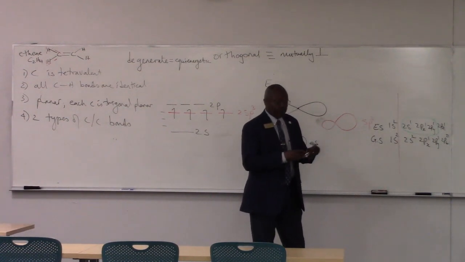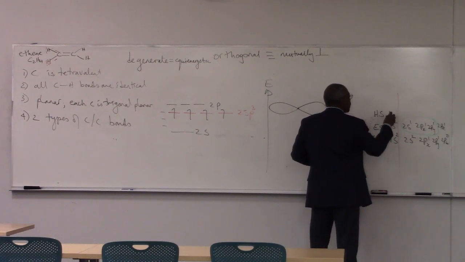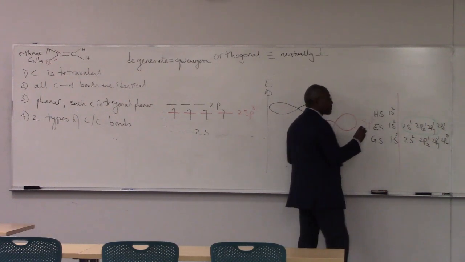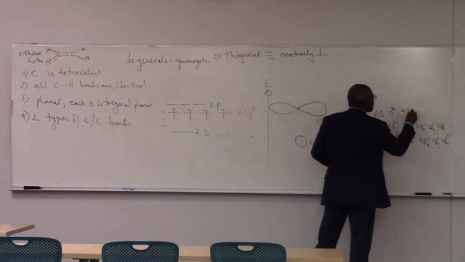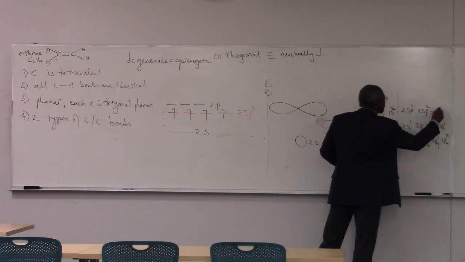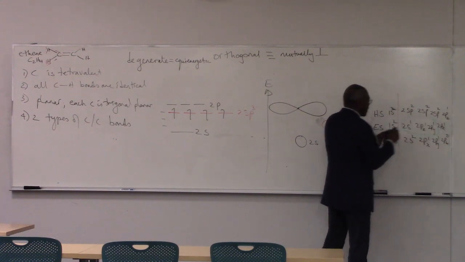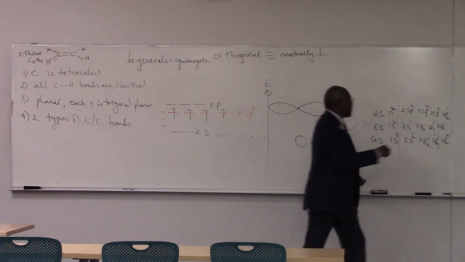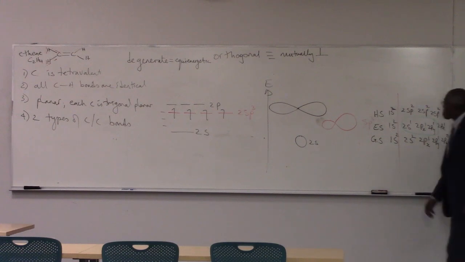So what do I get? In my hybridized state, I get 1s2 untouched, 2sp2, 2sp2, 2sp2, and then my unhybridized 2pz1. To be clear, we didn't touch this one, so it remains unhybridized.